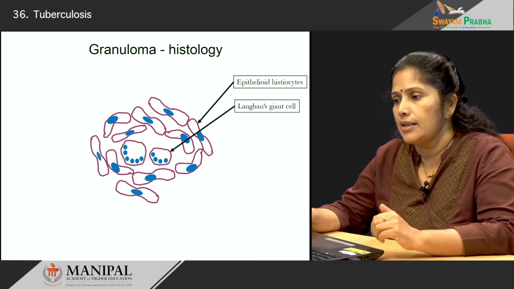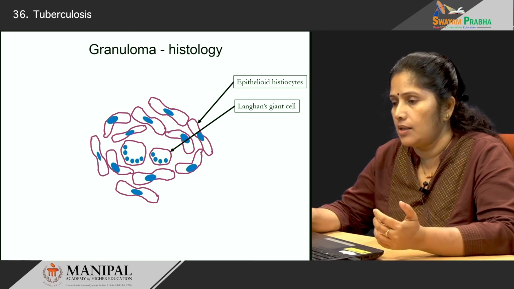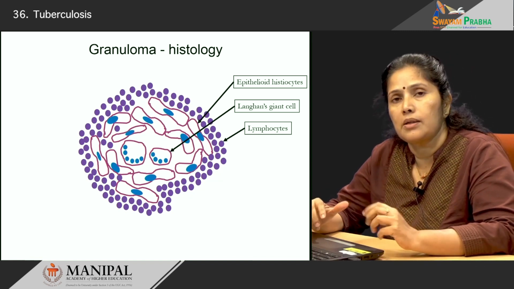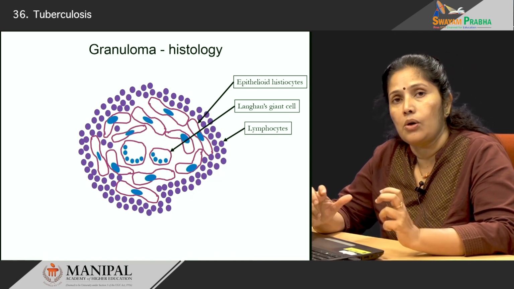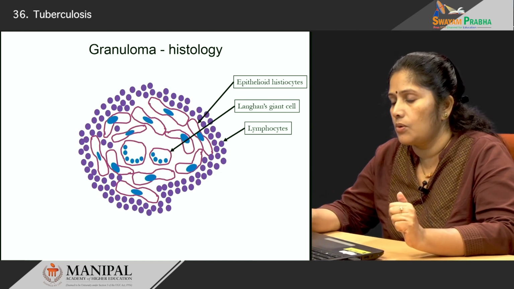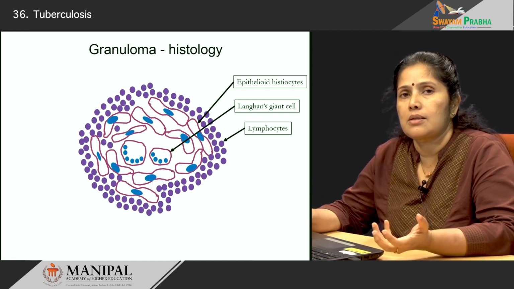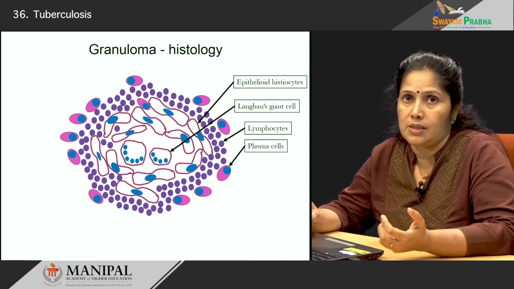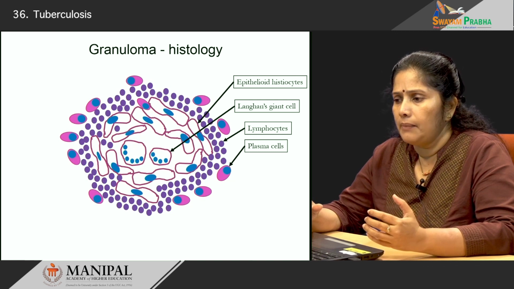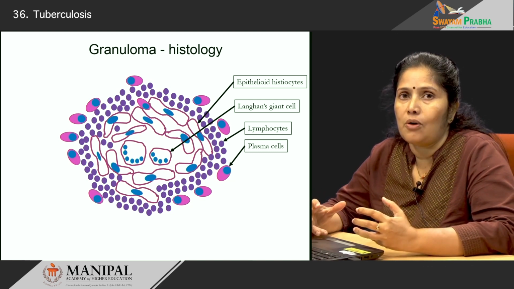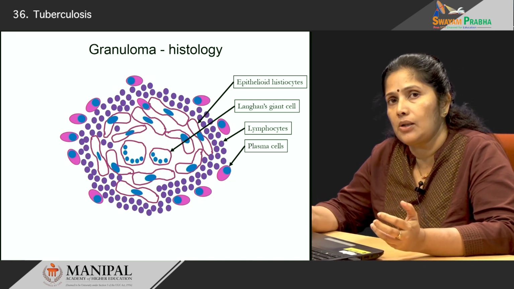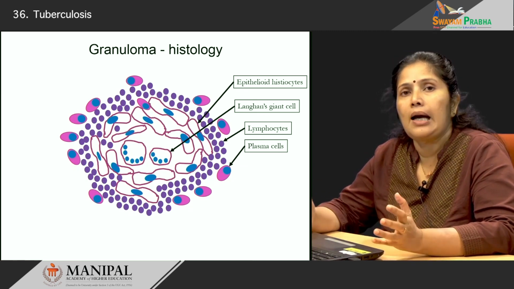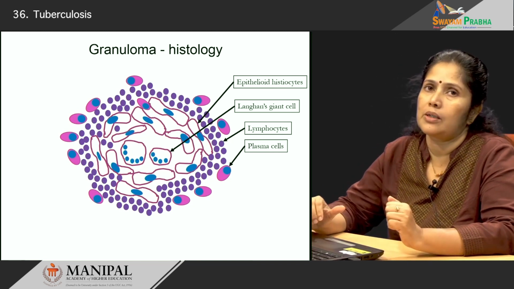Accompanying these, based on the amount of cytokines that are released, a lot of lymphocytes get recruited into this zone, following which there is formation of plasma cells. So, you have many different kinds of cells which form this granuloma. It started with the epithelioid histiocytes, they formed the giant cells, and lymphocytes and plasma cells were recruited into this area.